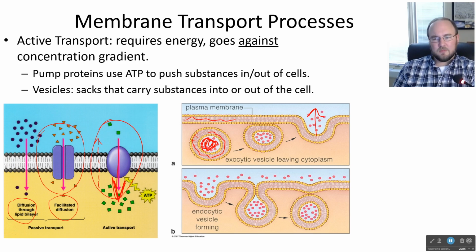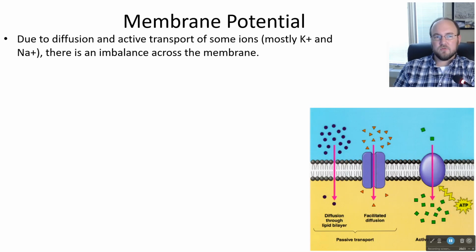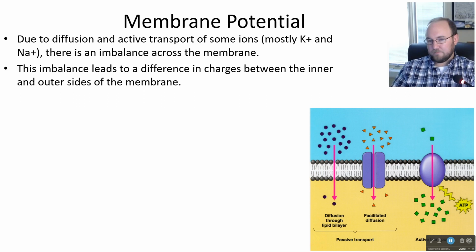So to sum up this information, I want to discuss very briefly the topic of a membrane potential. The idea here is that because of this diffusion and the active transport of ions, charged atoms, mostly potassium and sodium and a little bit of chlorine and calcium, we end up building up an imbalance of those charged particles on the different sides of the membrane.